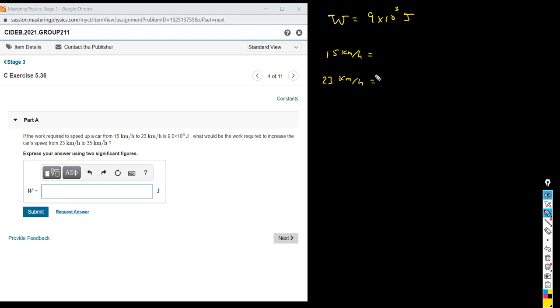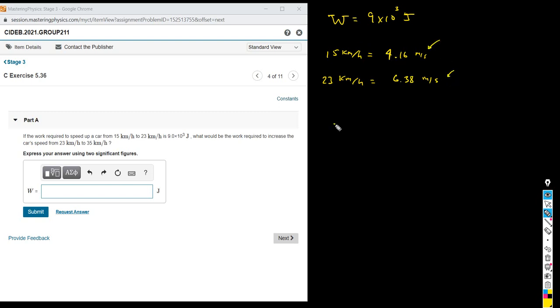So let's do that. 15 kilometers per hour is the same as 4.16 meters per second. This one is going to be 6.38 meters per second.